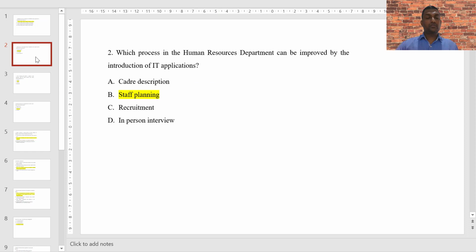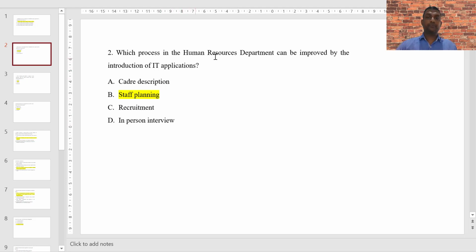Okay, let's move on to the second question. Which process in the human resource department can be improved by the introduction of IT applications? The correct answer is highlighted as staff planning, and the other answers are cadre description, recruitment, and in-person interview.